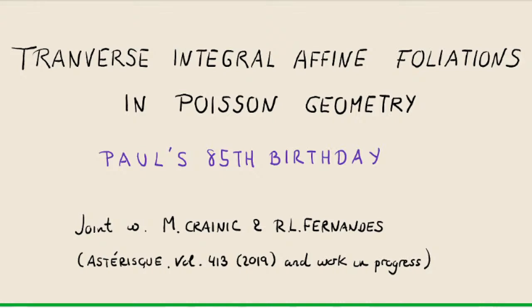Now I'm gonna move to the talk. As Gael presented, I'm going to talk about transverse integral affine foliations in Poisson geometry. This is joint work with Kreinik and Fernandez, and part of it is already published and part of it is work in progress.